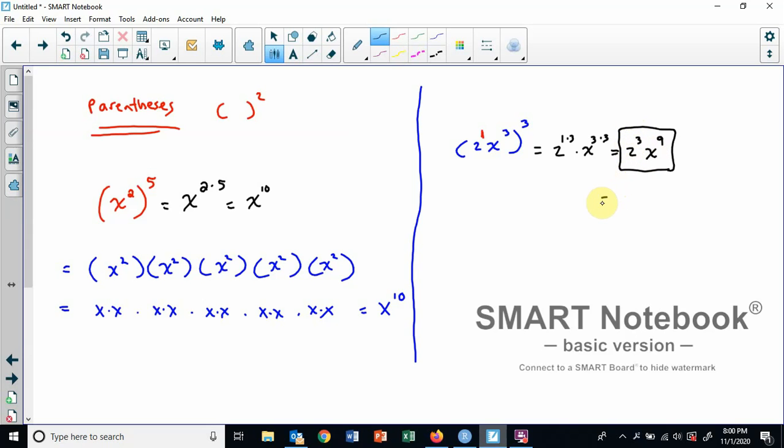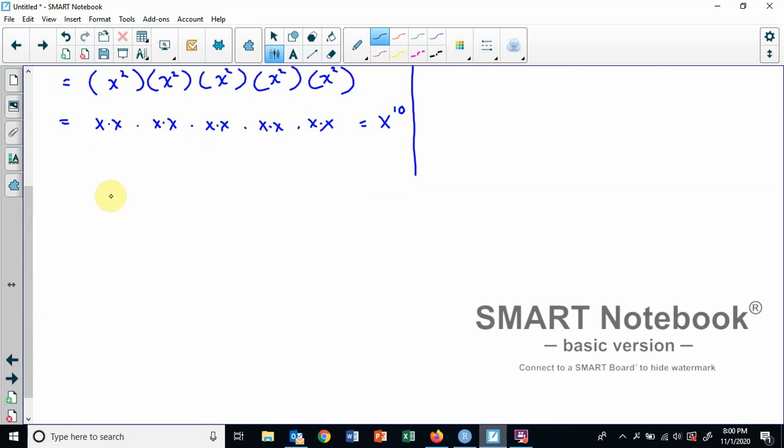We did that actually at the beginning of the lesson. I'm okay with either of these final 2 answers, though, okay? Because all we're practicing are the exponent rules. So if I have more than one base in here, every exponent inside the parentheses gets multiplied by the exponent on the outside. So let's look at another example.